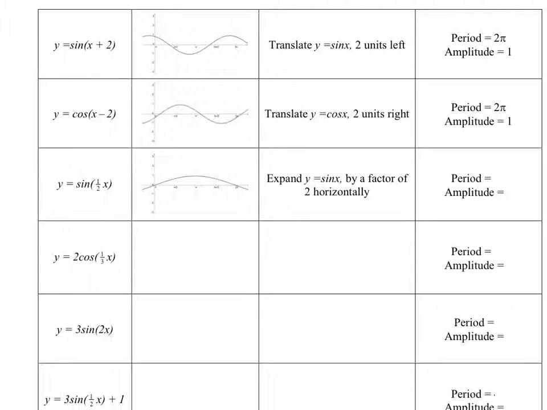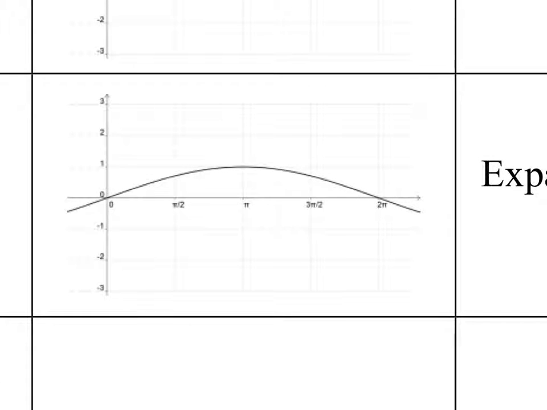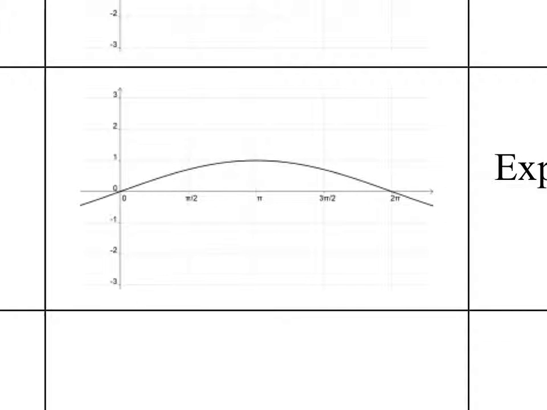So if you see what that looks like, it looks like this. This time, instead of going up and down by the time we get to 2 pi, all that's happened is that we've gone up and down, and then to get back to the starting point, we'd have to go to 4 pi this time.